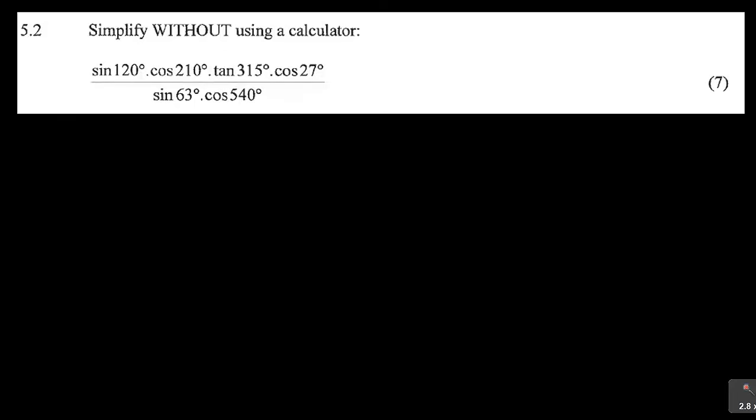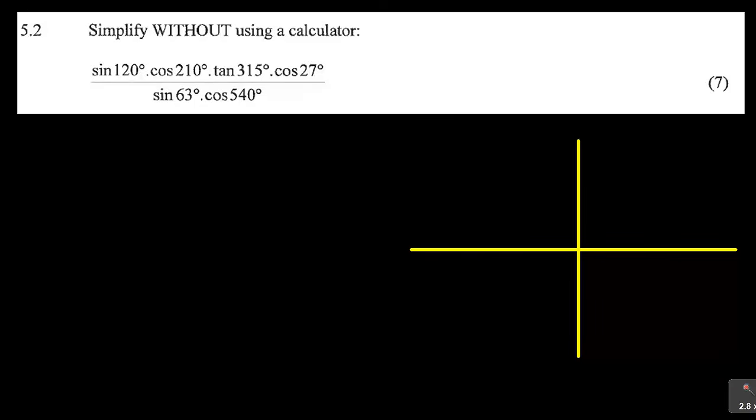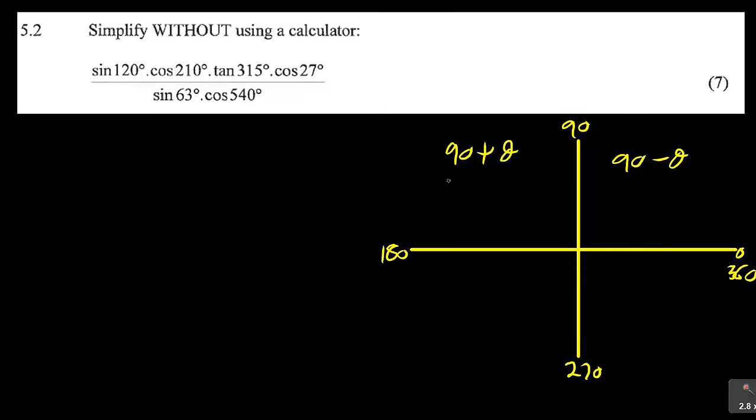So for me, usually what I do is I draw my CAST diagram here just to be able to remember. This is 0, 90, 180, 270 and 360. So what I have here is 90 minus theta, 90 plus theta, and 180 minus theta.